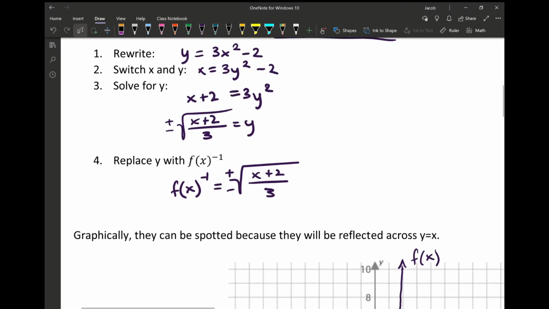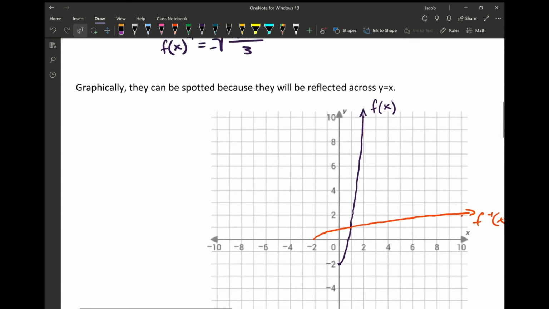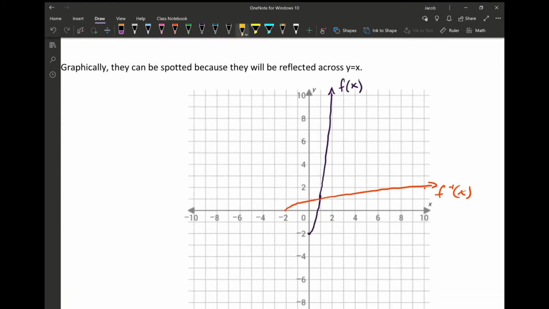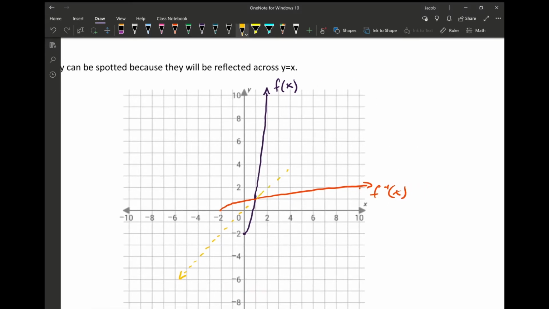Now, graphically, inverses can be spotted because they'll be reflected across y equals x. That's just because we've swapped x and y, so we've traded their positions. So the inverse graph, that orange one, is a reflection of our original graph.